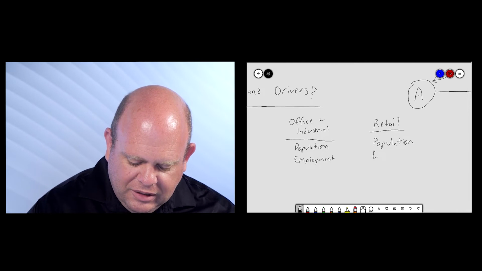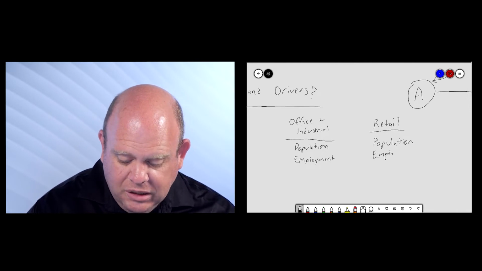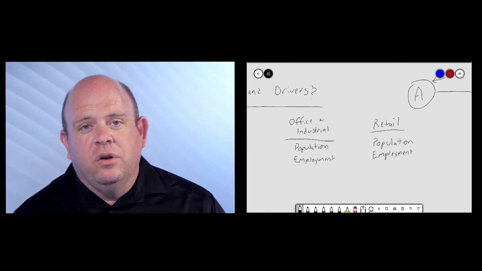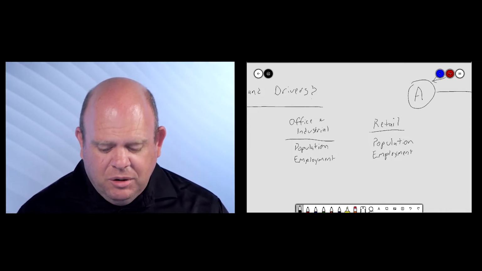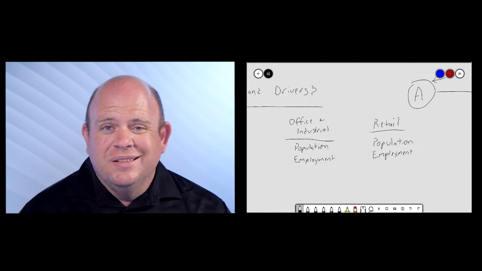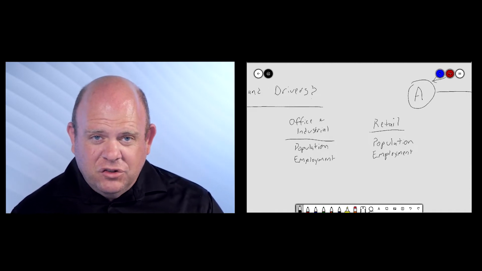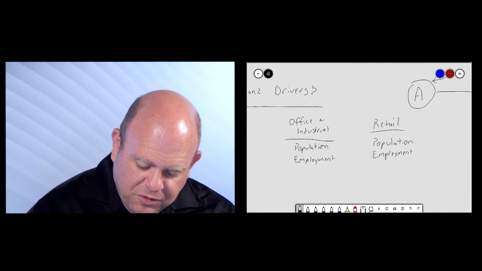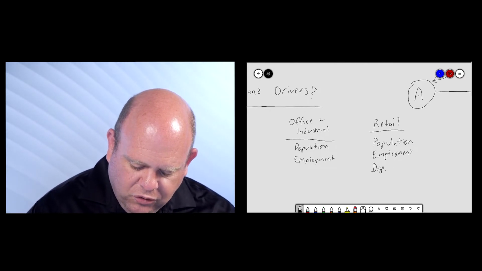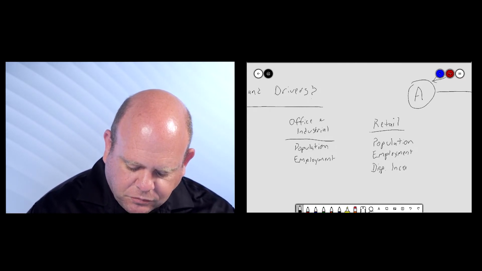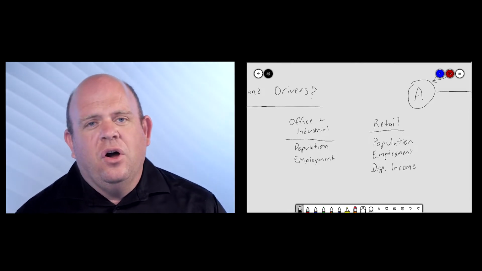It's also secondary to employment, but we still need employment for retail. If people are not present in the marketplace, like going for lunch, there's not going to be a demand for that lunch place on the corner, right? But the big demand is disposable income.